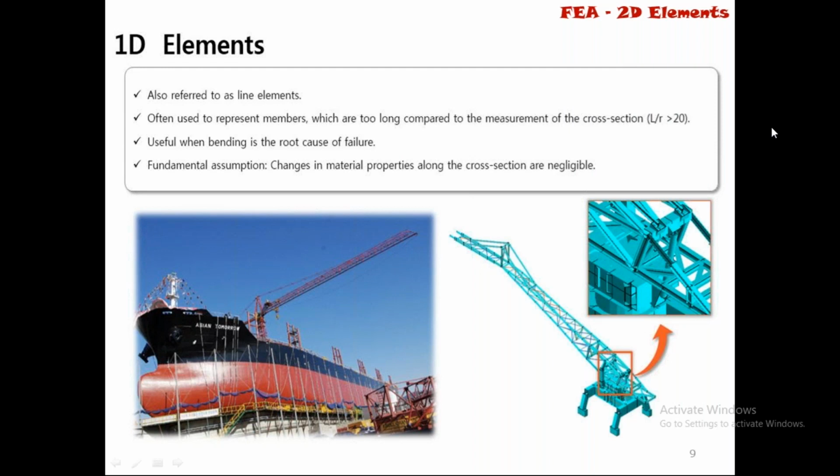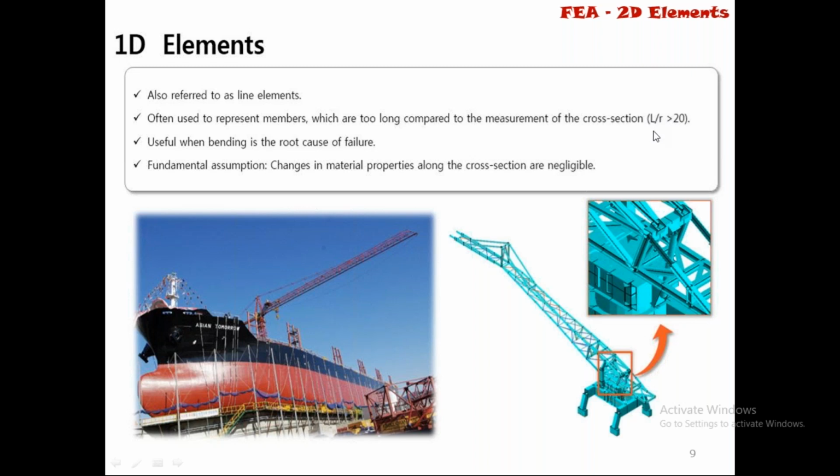Sorry for the disturbance. Regarding the 1D element, also referred to as a line element, it is often used to represent members which are too long compared to the measure of the cross section, L by R greater than 20. L is the length of that element and R is the radius.